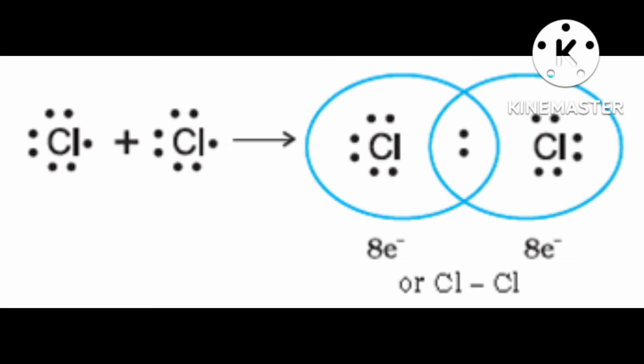Thus the single outer shell electron of sodium, in sodium the outermost shell has only one electron, atomic number 11, electronic configuration 2, 8, 1. This one electron is in the outermost shell, and you know that the number of electrons in the outermost shell is called valency, and those outermost electrons are responsible for reaction.